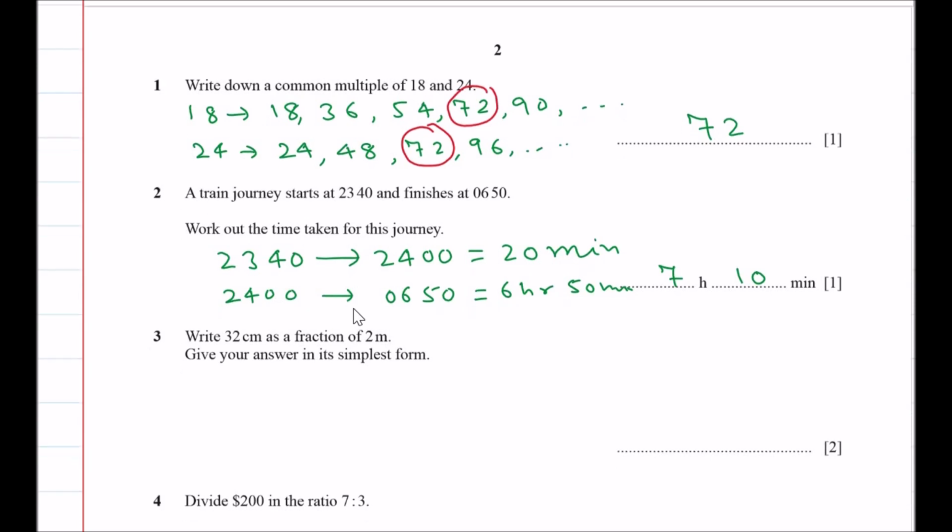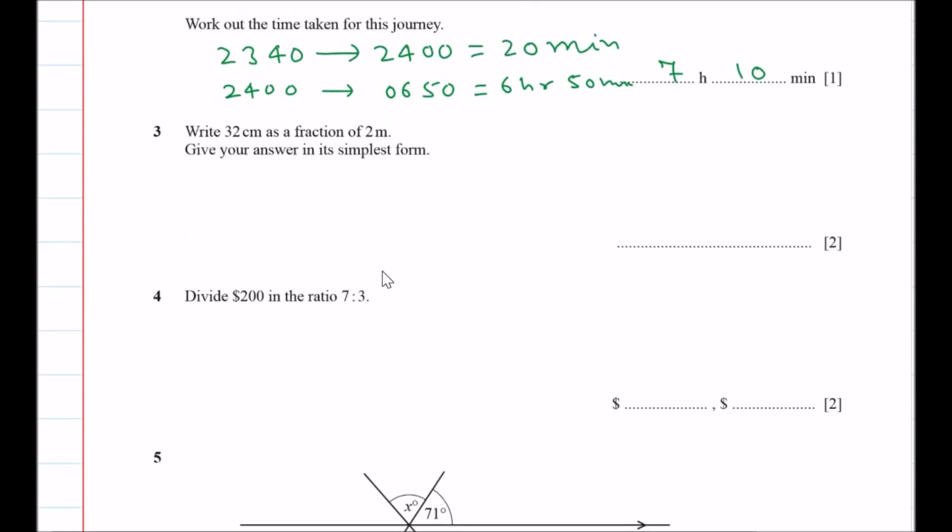Okay. Now let's take the third question. Write 32 centimeters as a fraction of 2 meters. Here, if you notice, units are different. When you write as a fraction, they should have the same unit.